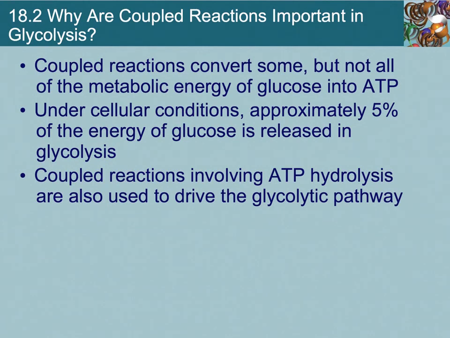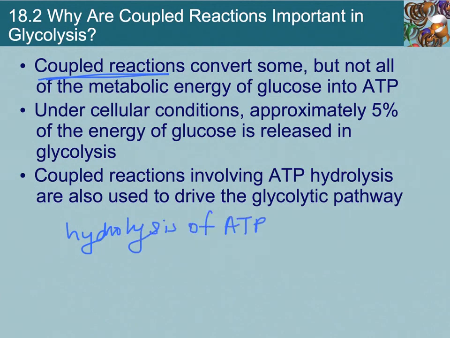In the first phase of glycolysis, we see coupled reactions. This is a theme throughout metabolism where you will couple a reaction to the hydrolysis of ATP to make it favorable.